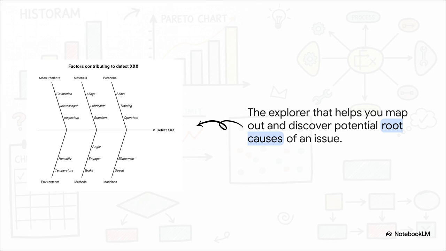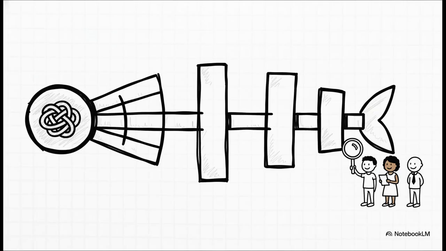It's a fantastic, structured way to brainstorm every single possible reason for an issue. This thing becomes your go-to for any deep dive analysis. When a problem's really tricky and the cause isn't obvious, the fishbone gives your team a roadmap to explore all the possibilities systematically. You can finally stop guessing and start actually solving the root cause.